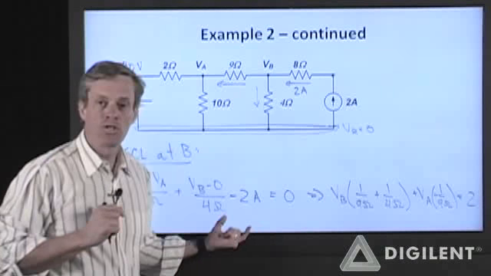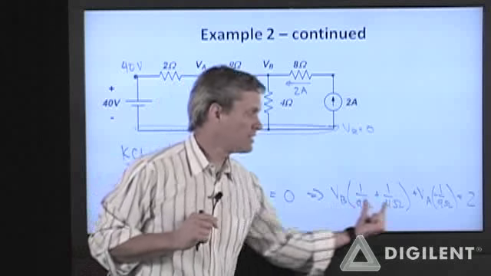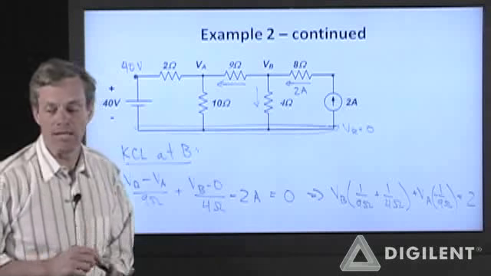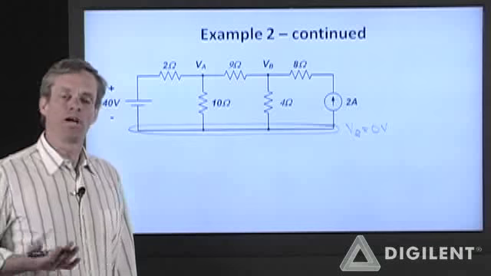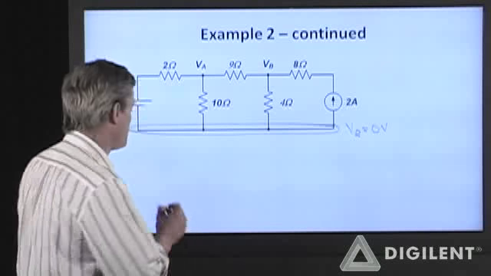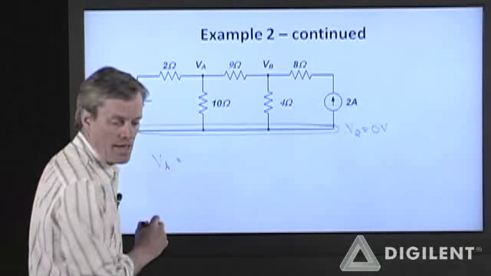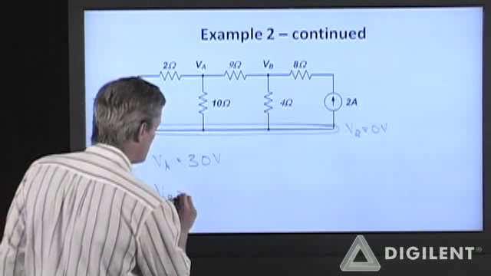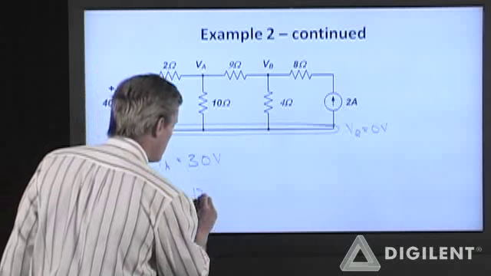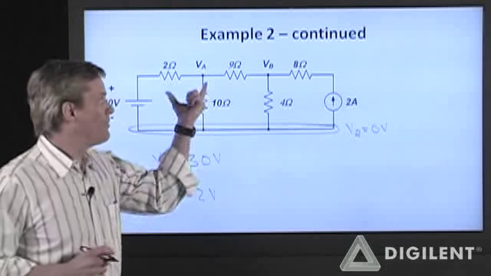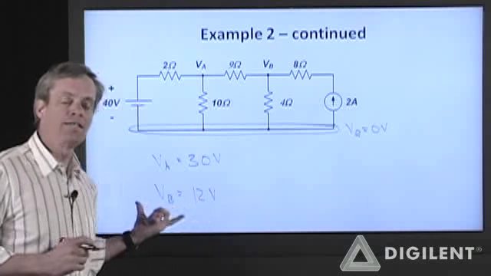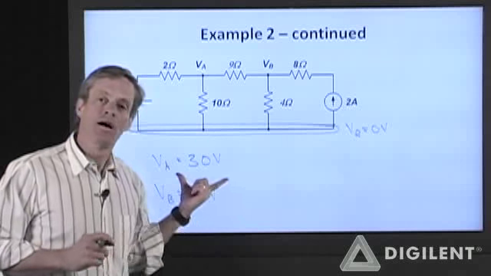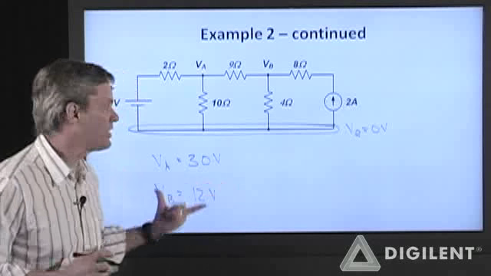I have now written two equations and two unknowns, which I can solve for V sub A and V sub B. If I solve those equations, I get V sub A is equal to 30 volts, and V sub B is equal to 12 volts. From those two values, I can determine any other unknown in this circuit.